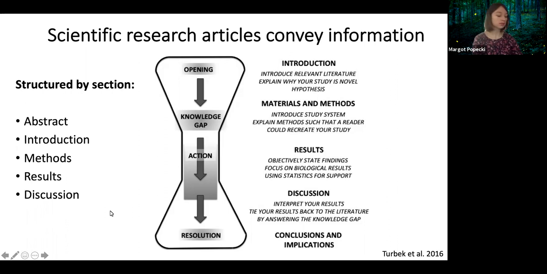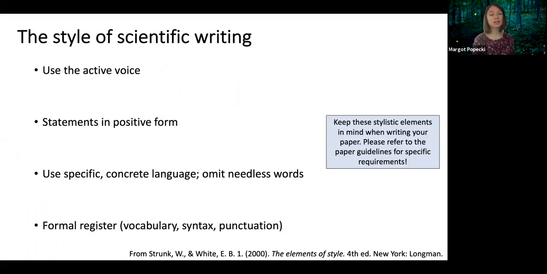This sort of organization helps scientists, again, extract that information they need. Another way that scientists communicate their work effectively and efficiently is a very specific writing style, and that's scientific writing. And so we're going to talk about a few examples from the book, The Elements of Style by Strunk and White.